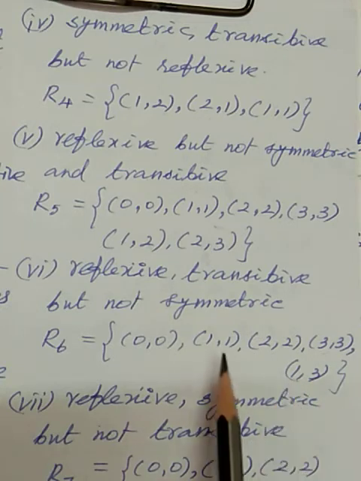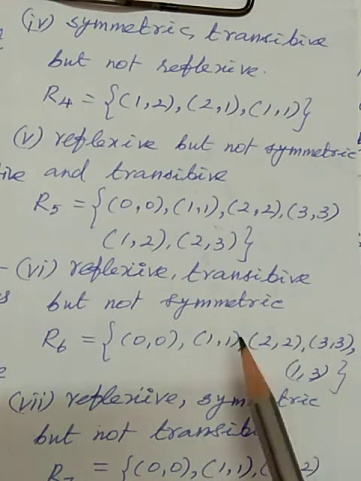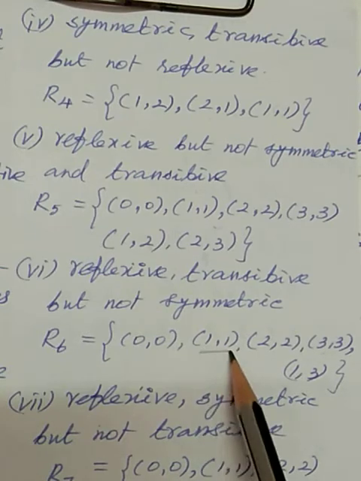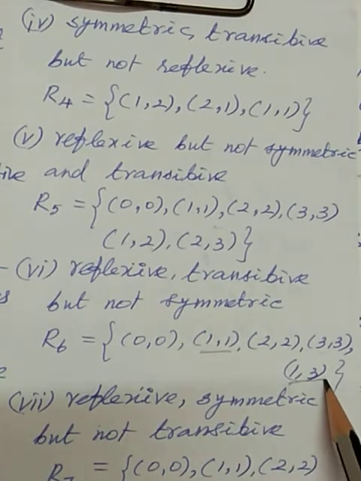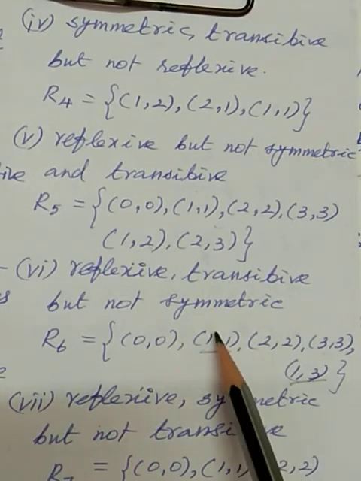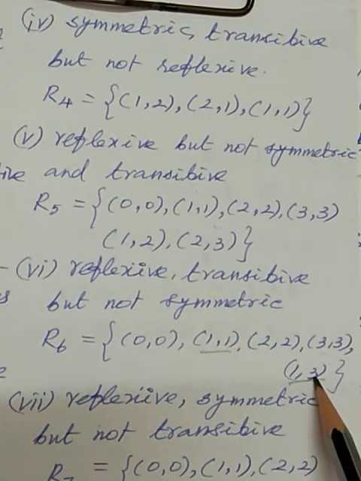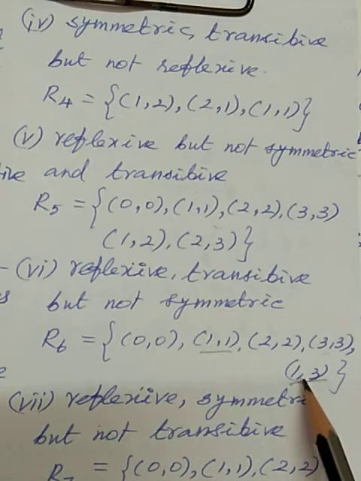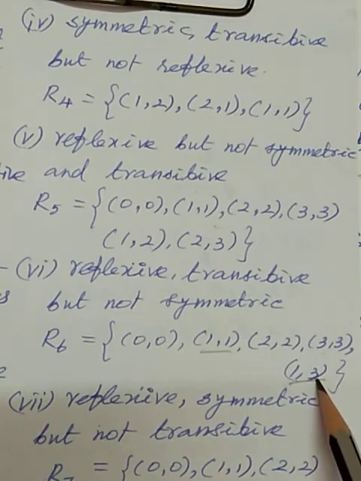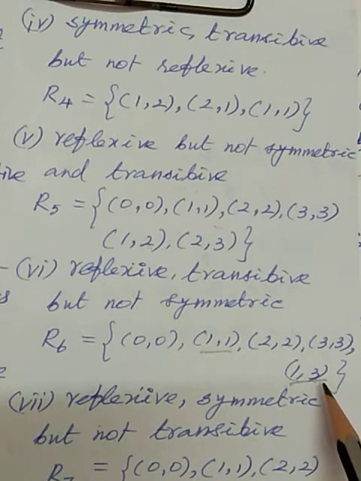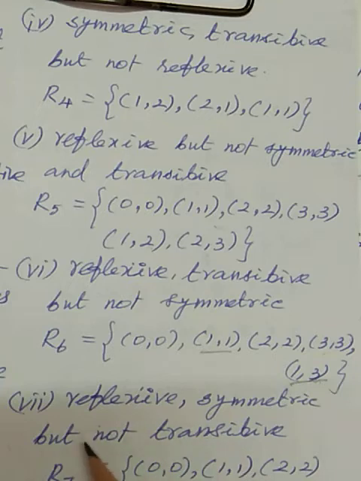Transitive, (1,1) belongs to R6, (1,3) also belongs to R6, and hence (1,3) must be in R6. Yes, (1,3) is here, and you compare with (1,3) and (3,3), again (1,3). Okay, so hence it is transitive.